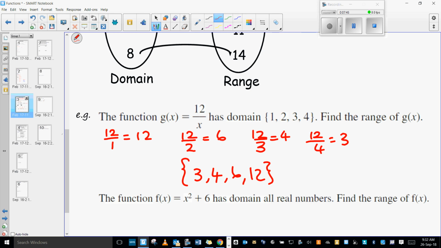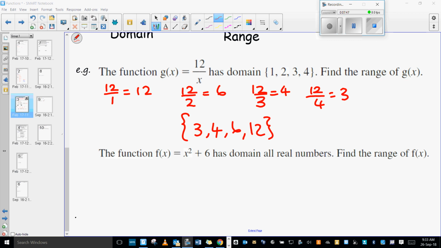Alright, this next one is a little bit trickier because it's saying that f(x) is equal to x squared plus 6 has domain all real numbers. What are real numbers? Real numbers are any numbers that we're interested in. So all real numbers is any number. It could be 1.2, negative 6.7.